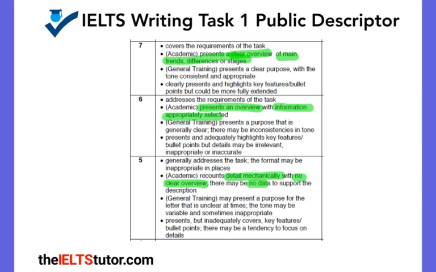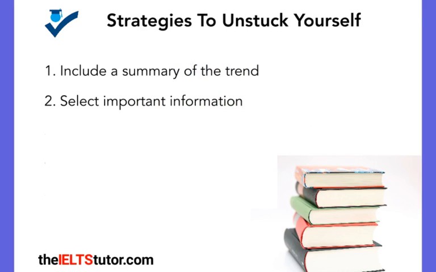Okay, so if you look at band 5 here, this is what I mean. If you talk about every single piece of information, you'll end up recounting detail mechanically, and so you'll get a band 5 rather than a band 6. Okay, so be wise about that.